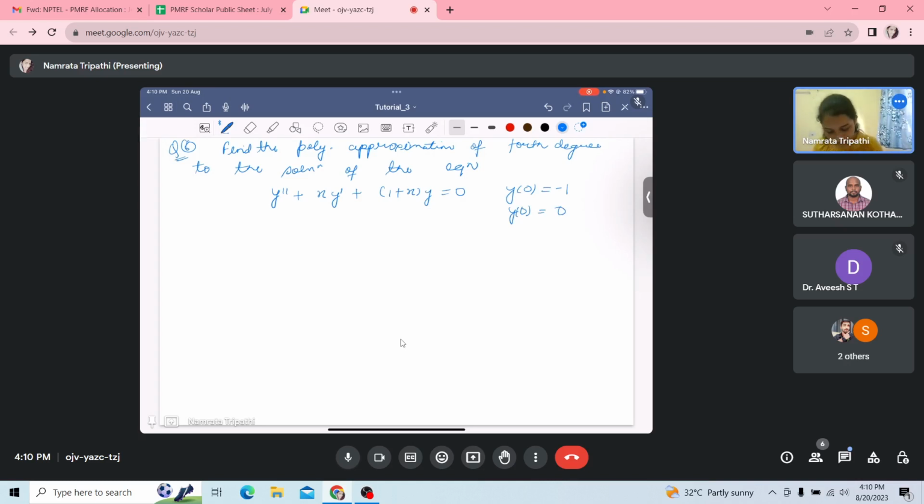Please try to solve. You have to take a fourth degree polynomial. Please try to solve and give me the answer, because this is a similar question as question number 5.